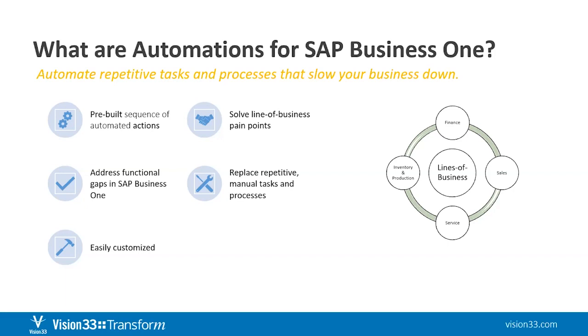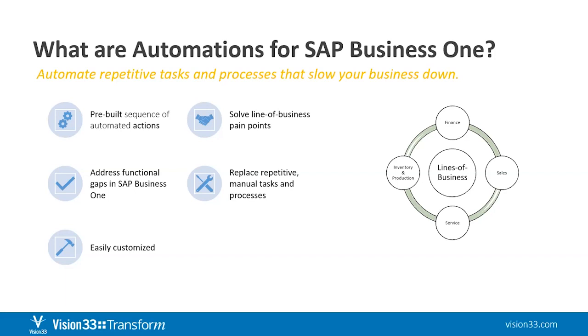Some automations are developed for any industry and can be used by any industry, and some are a bit more specific, such as the ability to automatically create back-to-back orders. They are easily customized.